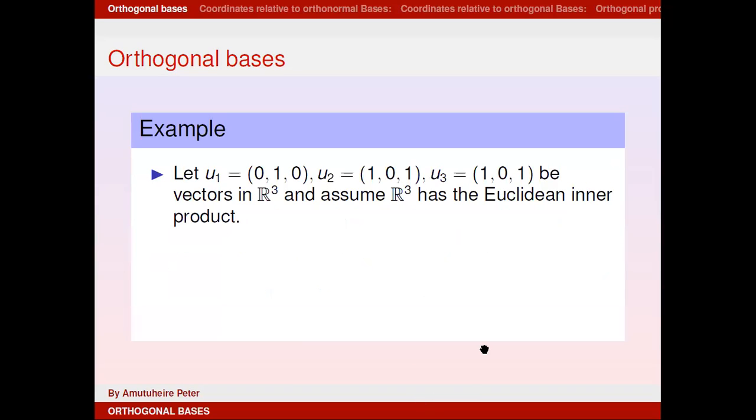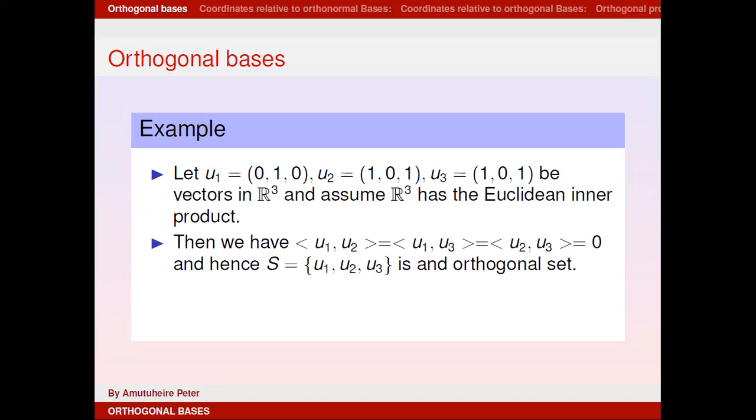Next, we can have a look at a simple example of a set which is orthogonal and a set which is orthonormal. We have a set with vectors u1, u2, and u3 in R3. Assume that R3 has the Euclidean inner product, which is the usual dot product.